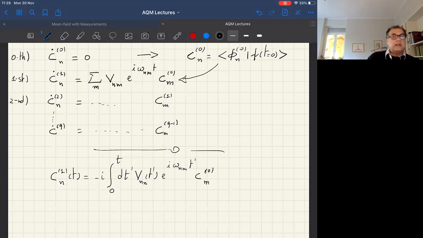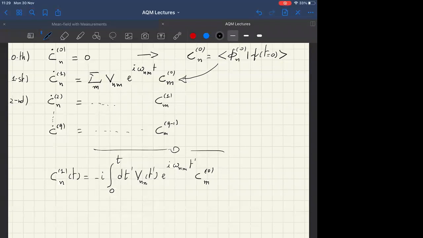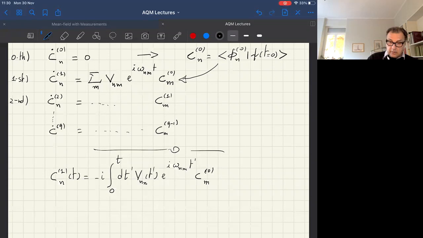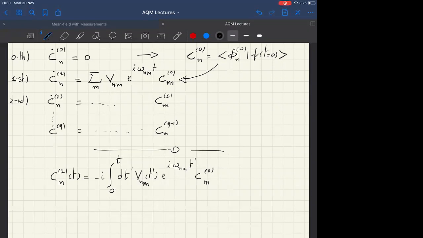So you can determine C1. Is the index of the V nn? Okay, nn.